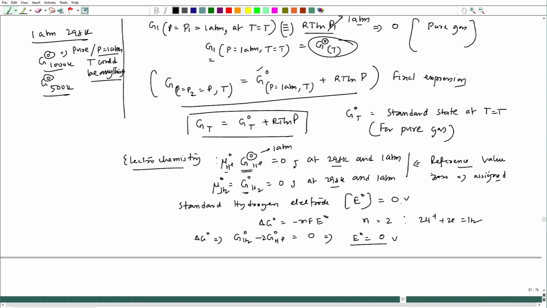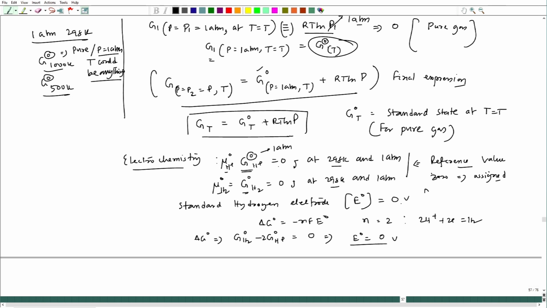So we know that the standard hydrogen electrode potential is 0 volt. Why is it 0 volt? Because we have already assigned some values for H plus as well as H2 at standard state. What is the molar free energy of those when the temperature is 298 Kelvin, and remember here it is applicable at 298 Kelvin and 1 atmosphere. Fine. So this is one.